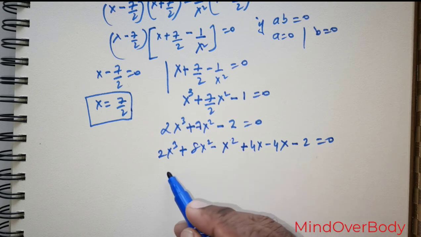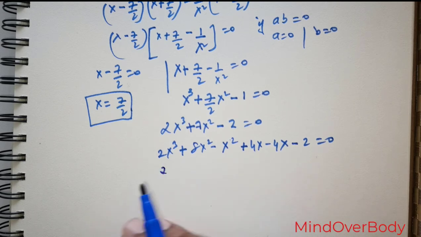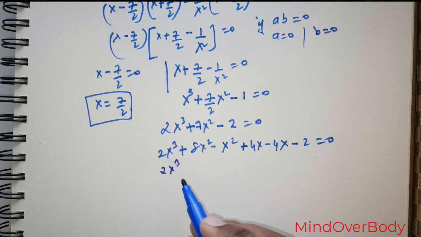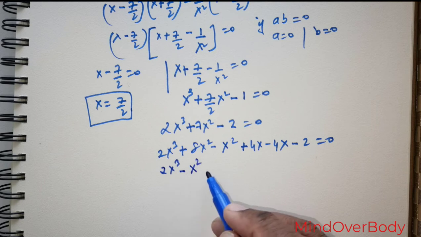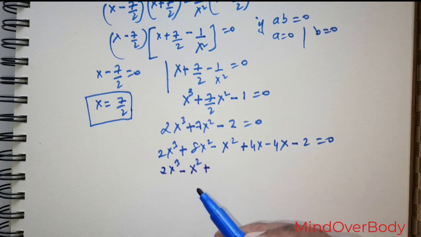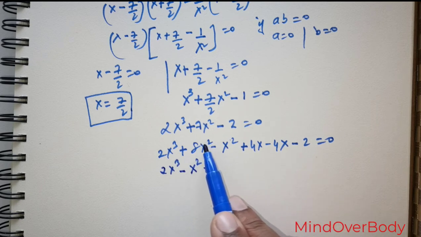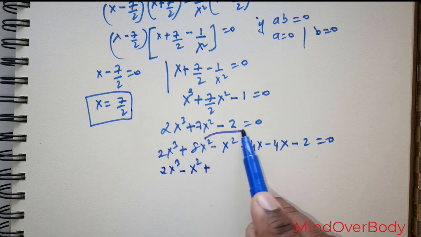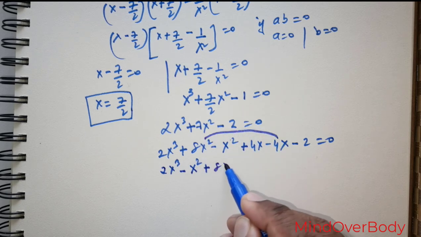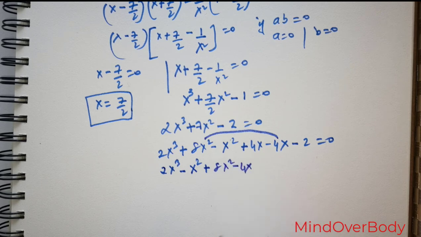So what I would do is club 2x cubed with minus x squared. So this is one term. And then I would club this 8x squared along with minus 4x. So let me write that down. 8x squared minus 4x. So I've clubbed these two together.